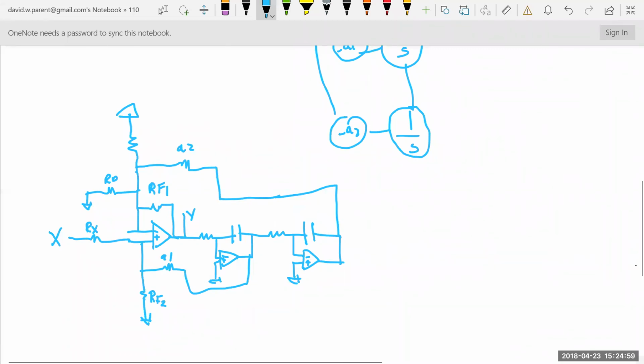Wait, I'm sorry. Can you repeat it? Yeah. Hold on a second. RF1 is what? There is no A naught. All right. It just doesn't exist. In a sense, it's just part of it. And it comes from V out equals blah, blah, blah.